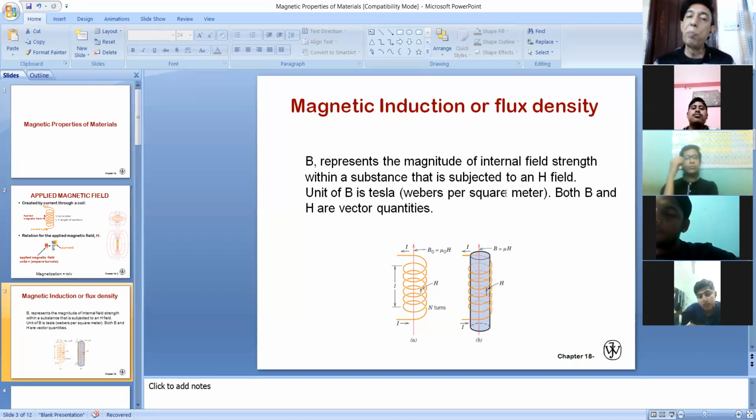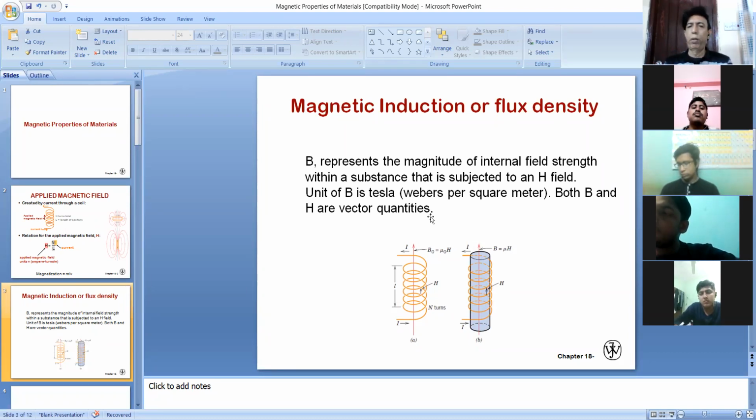Now, both B and H are vector quantities. They depend on both the direction and the value.